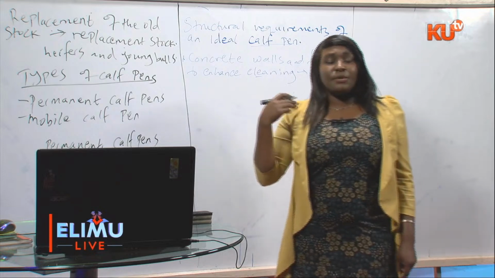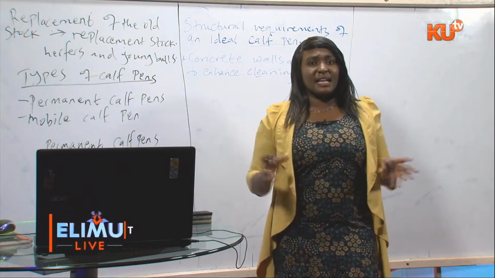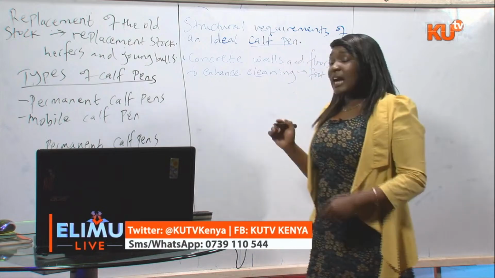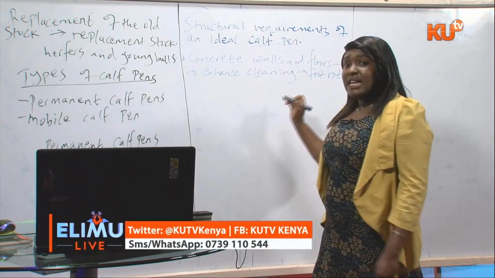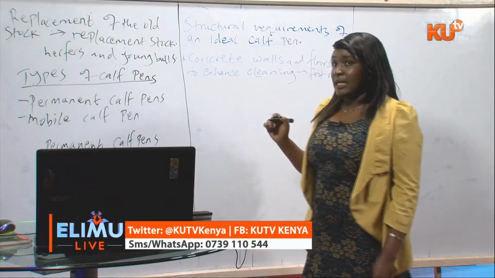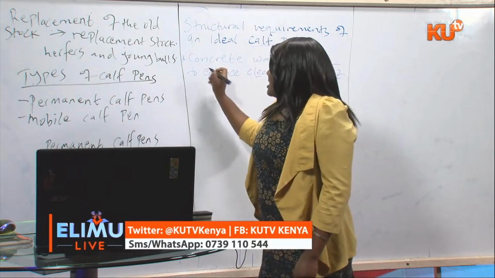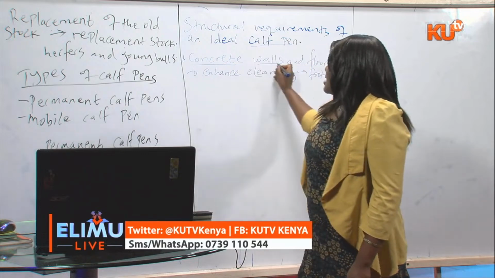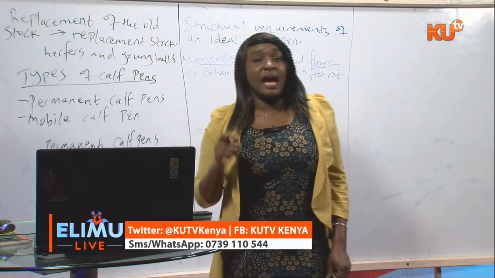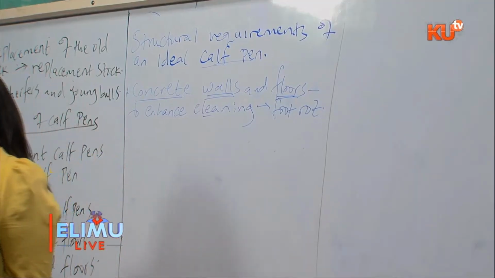Foot rot can be brought about by areas that are not clean. When there is accumulated dung and urine in the calf pen, that can lead to foot rot, according to the Form 3 syllabus that we did. So that is the first thing: ensure, if you can, that the walls and floors are concrete.